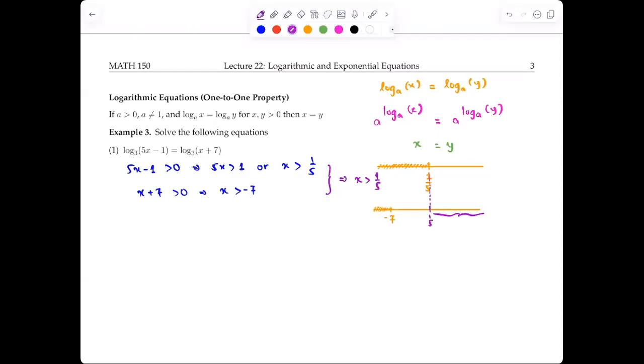If you choose x greater than -7, then when you consider, let's say, -6 or -3, it's not going to satisfy the first function. Therefore, x greater than 1/5 is going to be the case. So be careful here. That is the domain, and that is the very first step that you need to do.